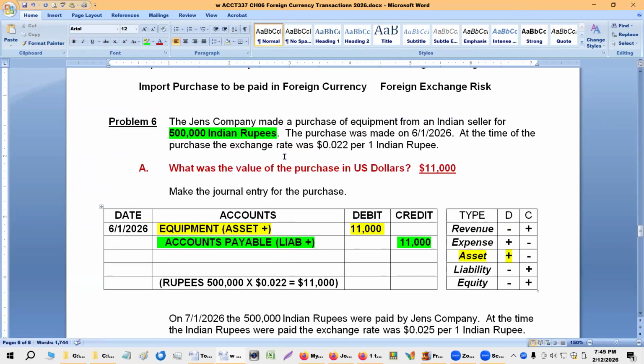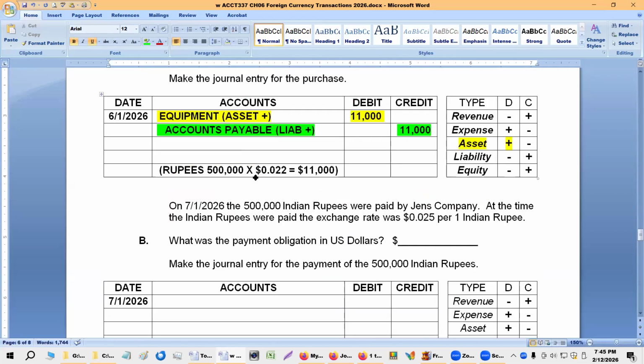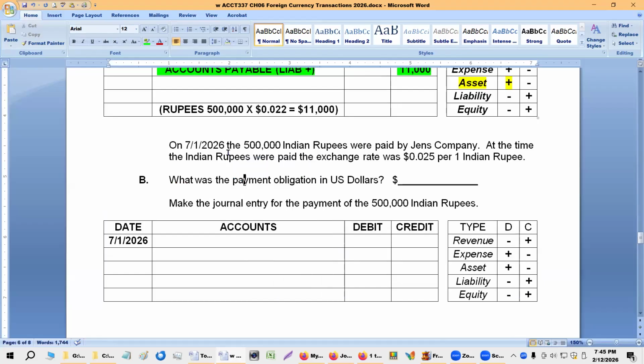Okay, so weird spacing on this thing. So we go to pay this off on 7/1. What we have to do is go buy 500,000 Indian rupees. So we have to buy that, and these are at 25.025.